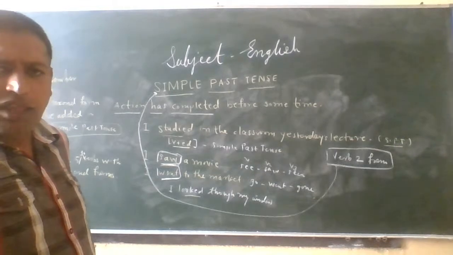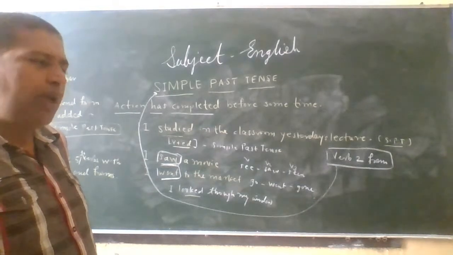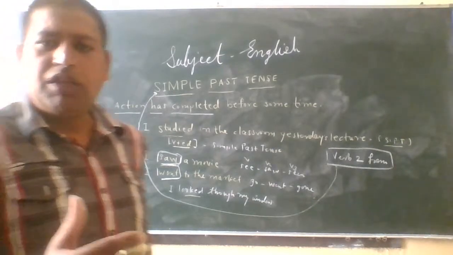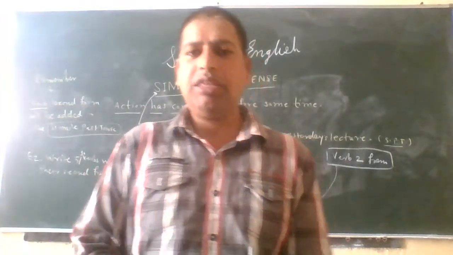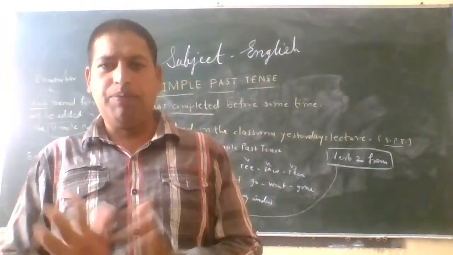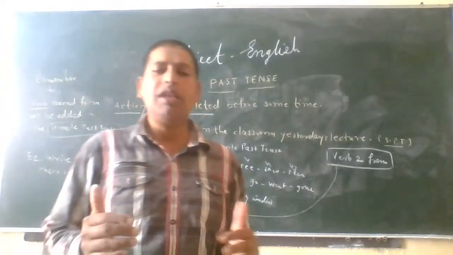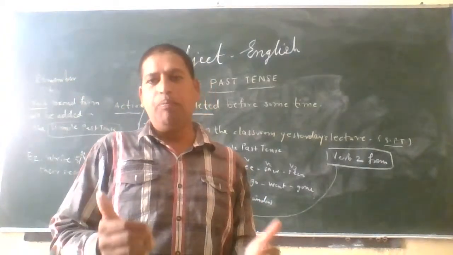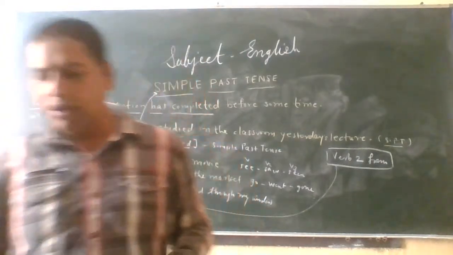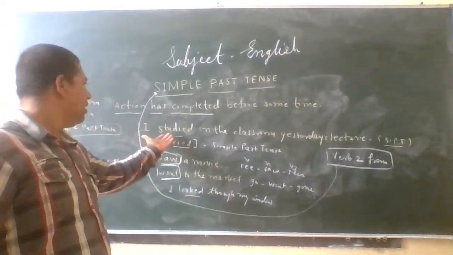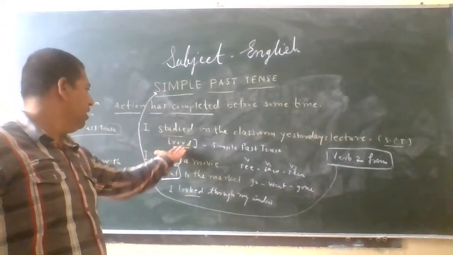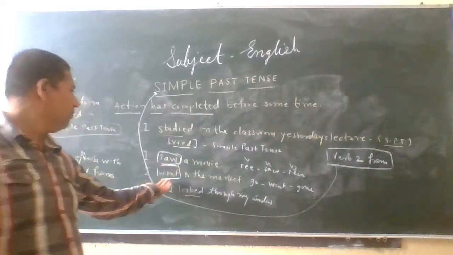So many verbs are there, and you can arrange the sequence of sentences in the simple past. Simple past tense means the action was done sometime before.